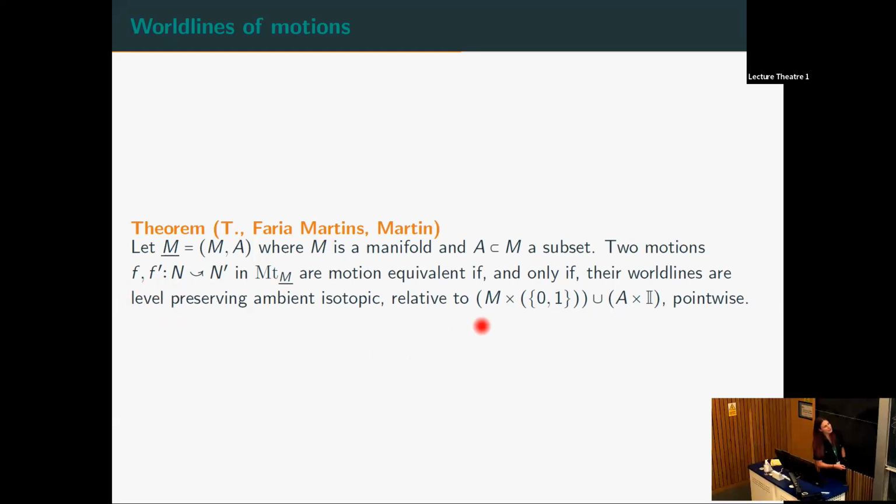Their world lines live inside M cross I, so we can construct some isotopy of M cross I fixing the 0 and the 1 boundary and the A cross I that moves the world line of f into the world line of f prime. And this is a significant result because it connects the motion groupoid picture to the generalized tangle or the defect QFT picture, where equivalence is expressed in terms of isotopy.